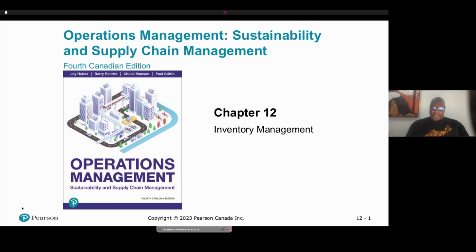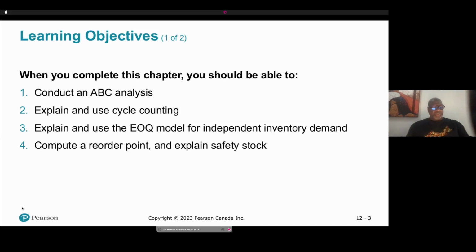So we're going to explore this particular topic and learn about a few things. We're going to learn about what types of inventory exists and the role of those different types of inventory. Also, we'll talk about how do we classify inventory so that we could focus on what's most important when we're managing inventory.